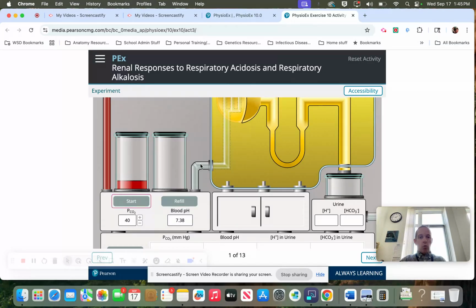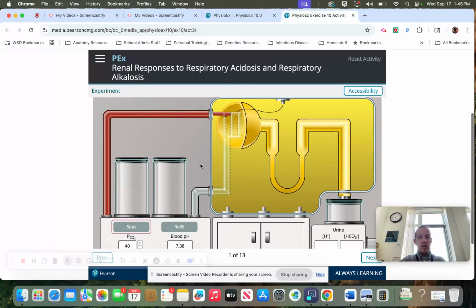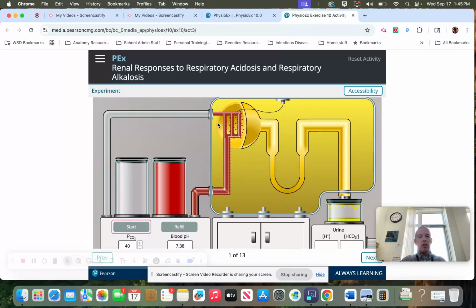So we're going to run this through, and what we're looking at here is a simulated kidney. The main part of the kidney that does the filtration is called the glomerulus. That's meant to be represented by this little ball right here. And we're running the blood through. The blood is being filtered, and certain substances are coming out in the urine, which we see developing here.